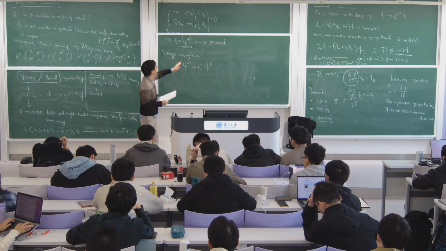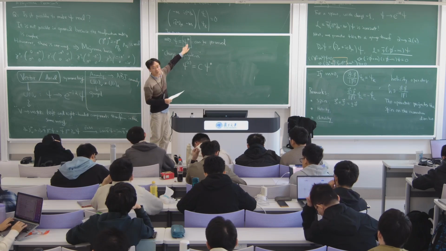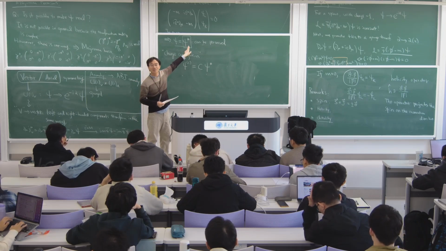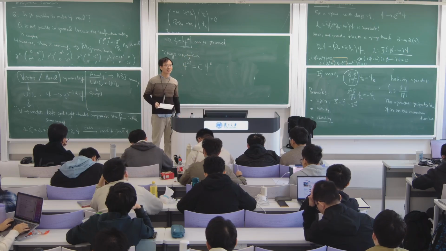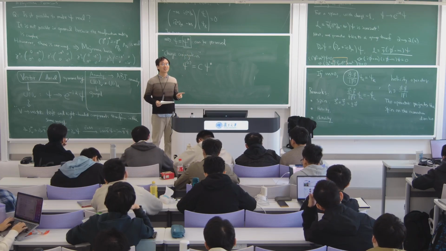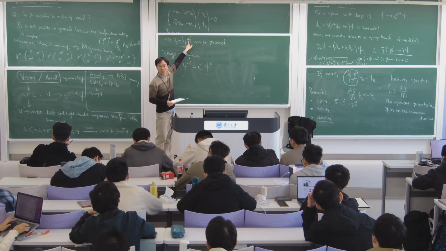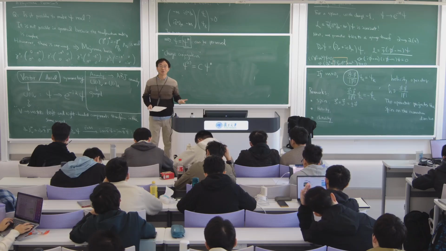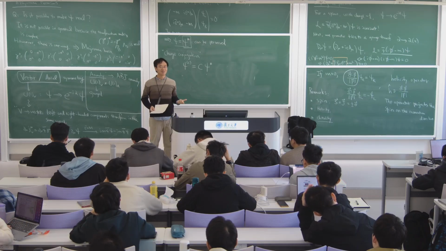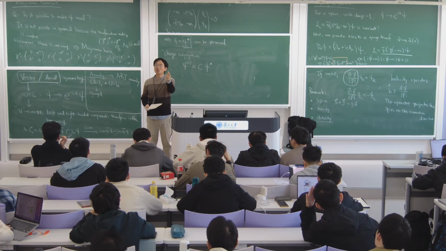But because this is a spinor, the spinor has some internal structure. Psi itself has components, so it's not obvious that just taking a complex conjugate gives you the charge conjugation.